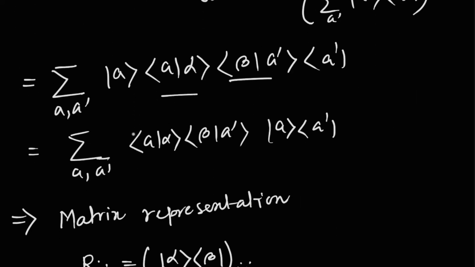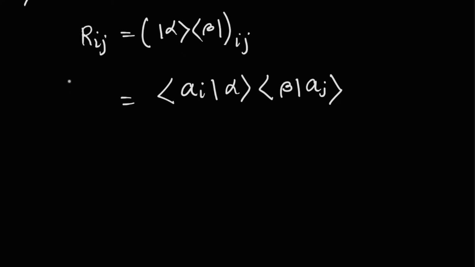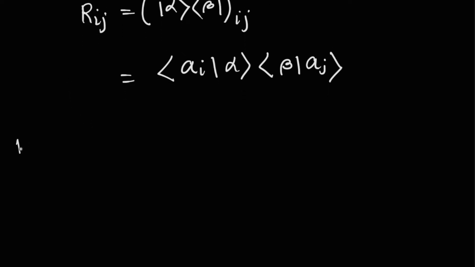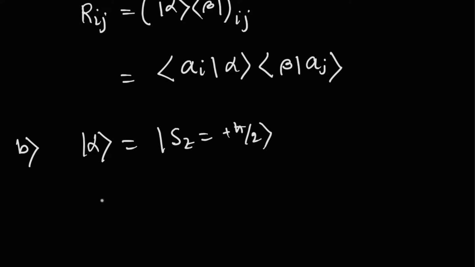So here alpha is equal to Sz equal to plus h cut by 2 and beta is equal to Sx equal to plus h cut by 2.